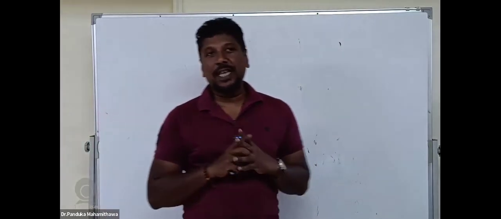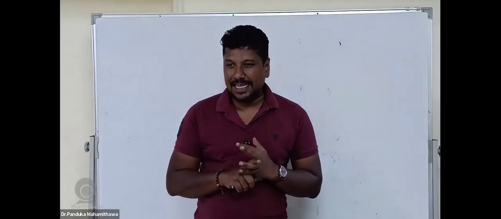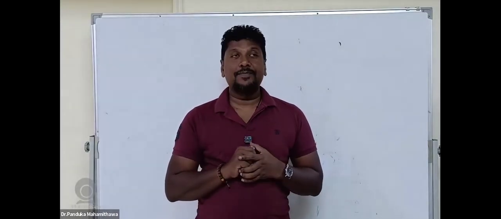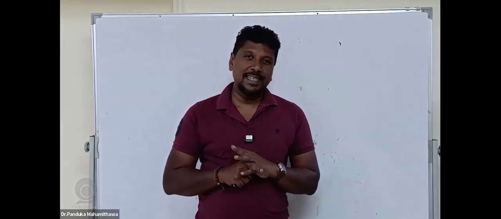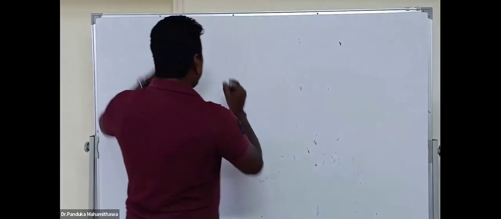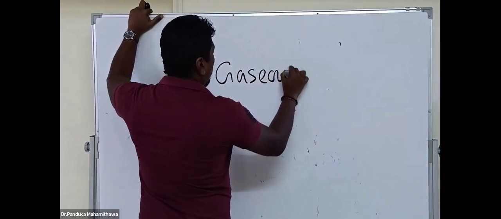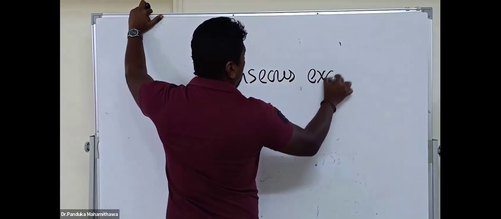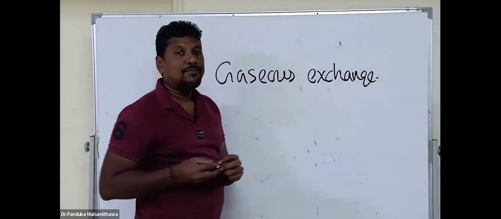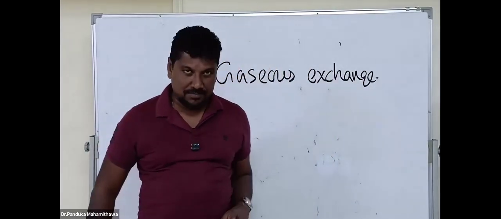So in this tute today, we are going to cover basically 3 things. Right. The first thing is you are going to learn about the gaseous exchange in plants. Gaseous exchange happens in every organism, right?